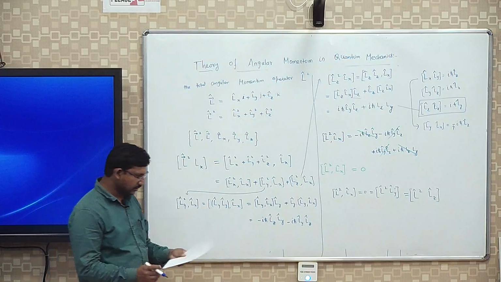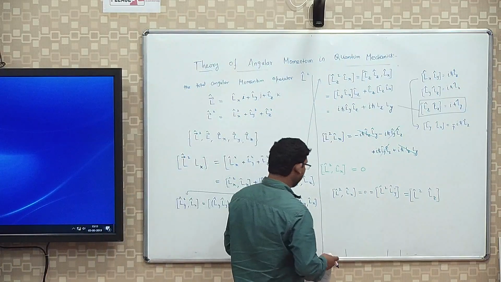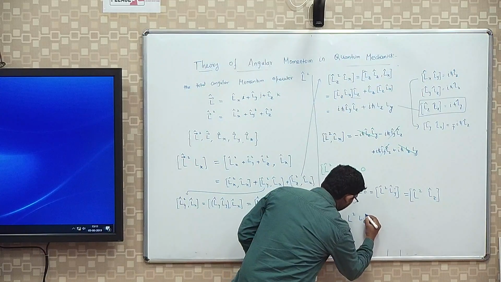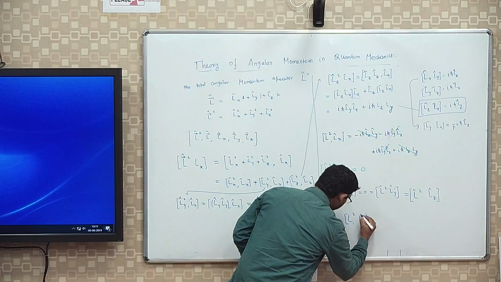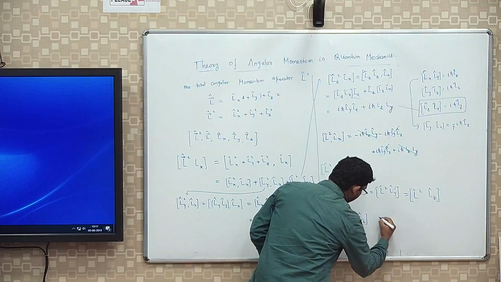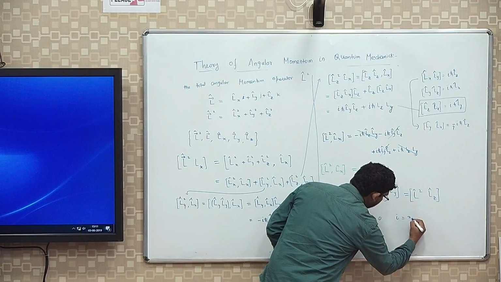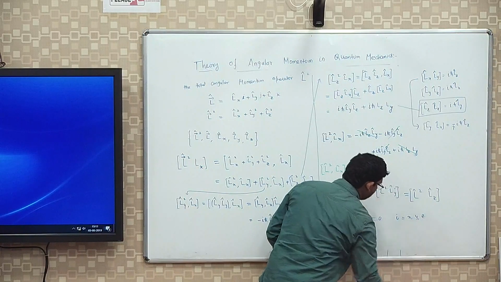So in general we can write the commutator of L² and Li equals 0, and i is nothing but x, y, z, anything.